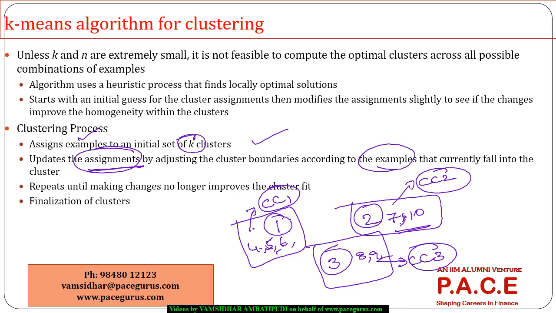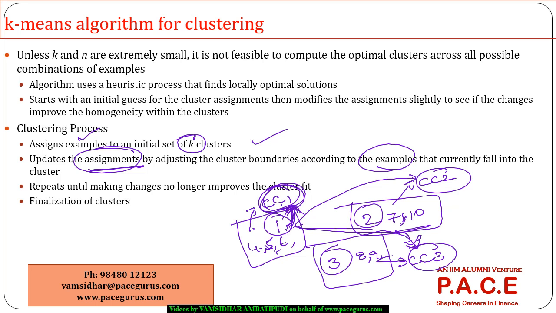Now what I can do, I will see whether each of these elements individually they are closer to this cluster center or this cluster center or this cluster center. Because of this there is a possibility that it might be better if I classify it into this particular cluster rather than this cluster. So there will be some kind of reassignment that can happen because this cluster center got changed now.